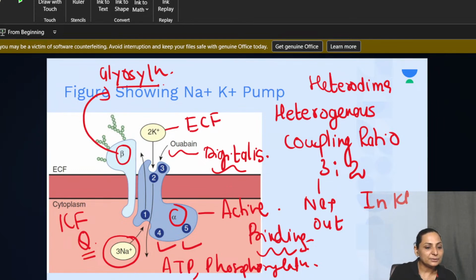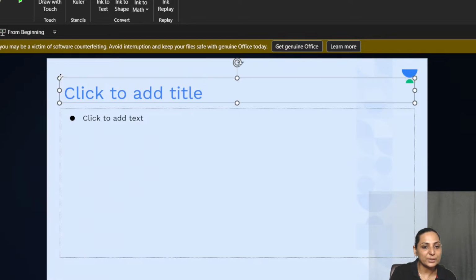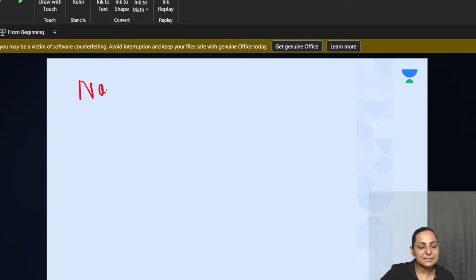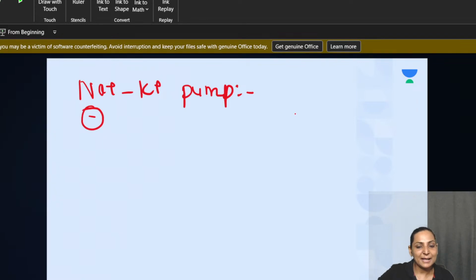Now another important 1 or 2 MCQs related to this sodium potassium pump, which you must know. Just now I revealed that it has a coupling ratio of 3:2. This is inhibited by and stimulated by certain drugs.